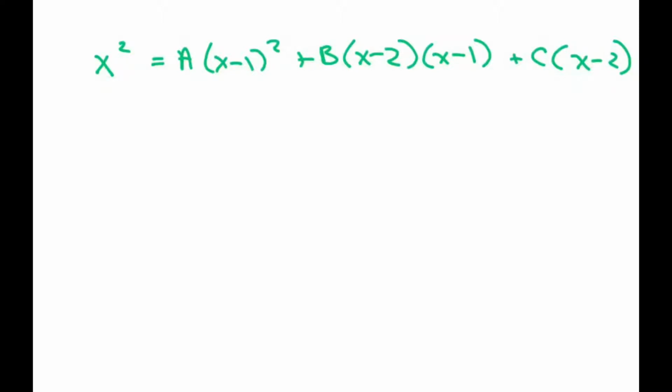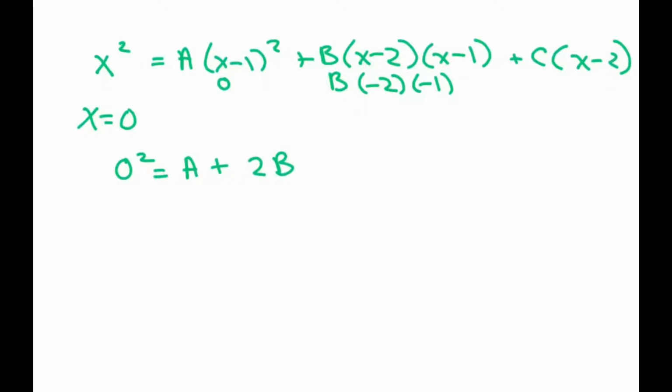If we let x be 0, we get 0 squared equals, and I'll put a 0 in there, so that's going to be negative 1 squared. That's going to be a plus, if I put a 0 in here, I get negative 2 times negative 1, so that's going to be 2b, and if I plug a 0 in here, I get negative 2c, so that's going to be minus 2c.